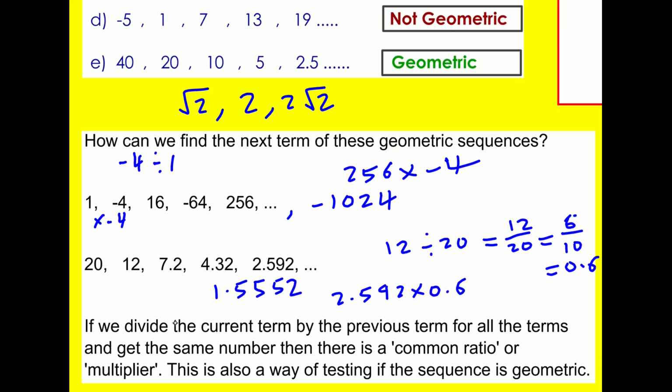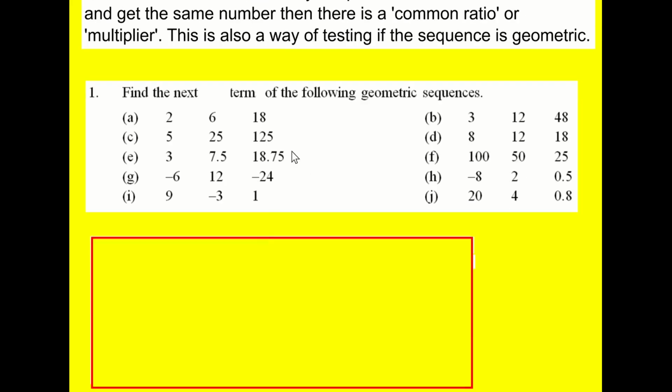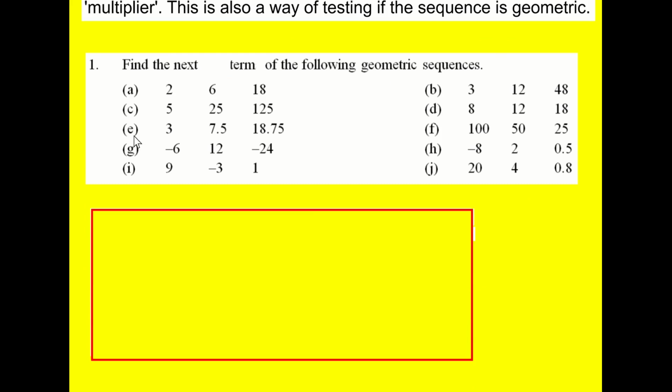Take this away: if we divide the current term by the previous term, I happened to pick the second and the first, but pick any two terms and do the one after divided by the one before, then you'll get the common ratio or your multiplier. This is again a way of testing if the sequence is geometric, because you'd expect to get it for every pair of terms. So here's an exercise to test you on that. Can you find the next term of these geometric sequences? Pause the video, try this out.